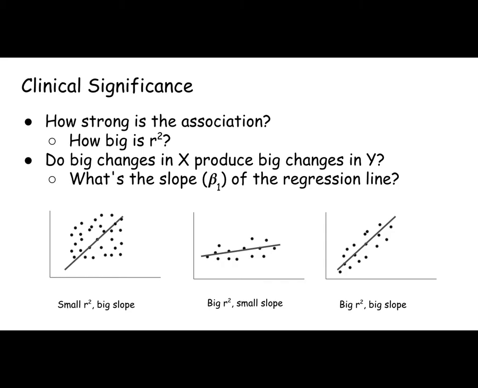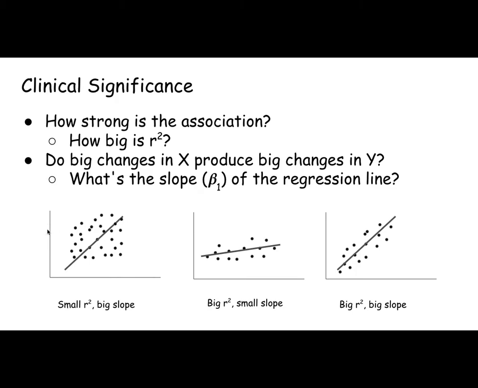So clinical significance comes down to how strong is this association? So how big is r squared? And do big changes in x produce big changes in y? So if you think about some intervention, maybe it's recidivism amongst a prison population, and that's your Y output.